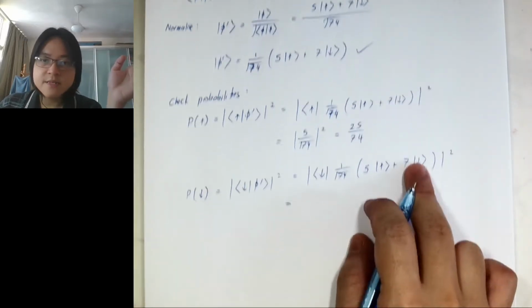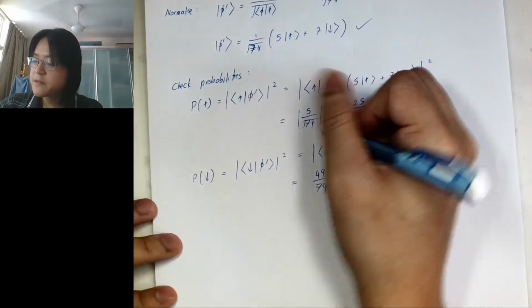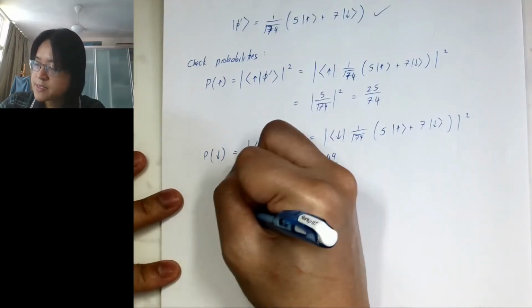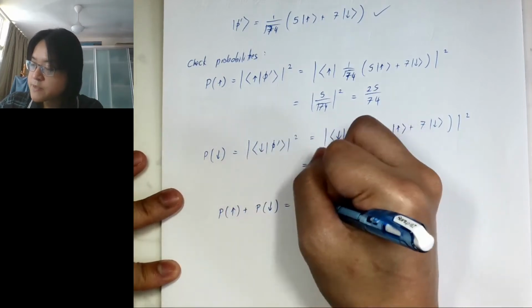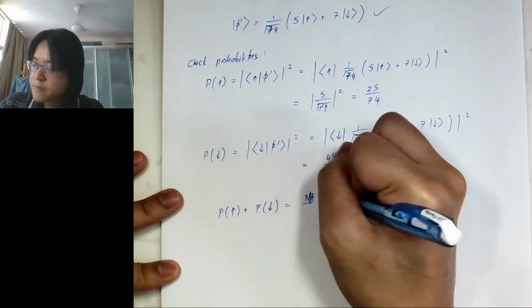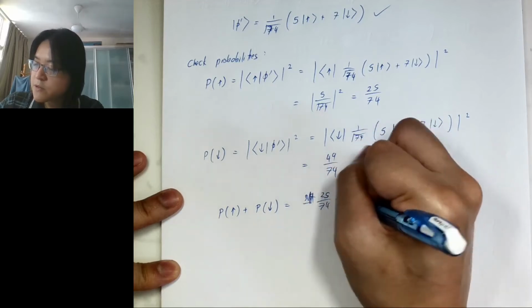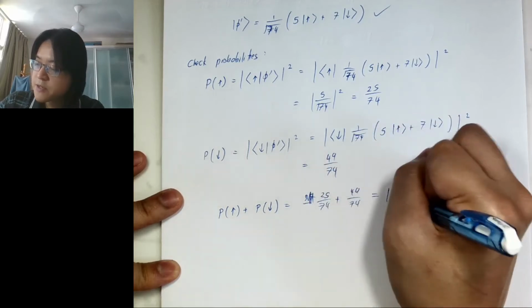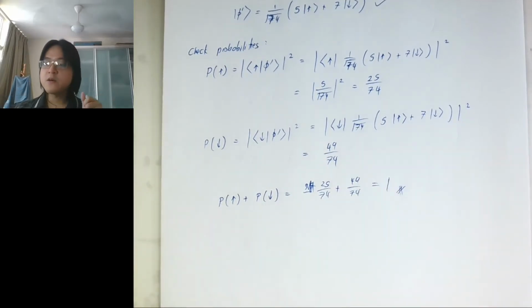This one times this is 7 over square root 74, so it's 49 over 74. Then you can check the sum of probabilities. The probability of up plus the probability of down is 25 over 74 plus 49 over 74, and of course you get 1. So this is how you can get the correct probability.